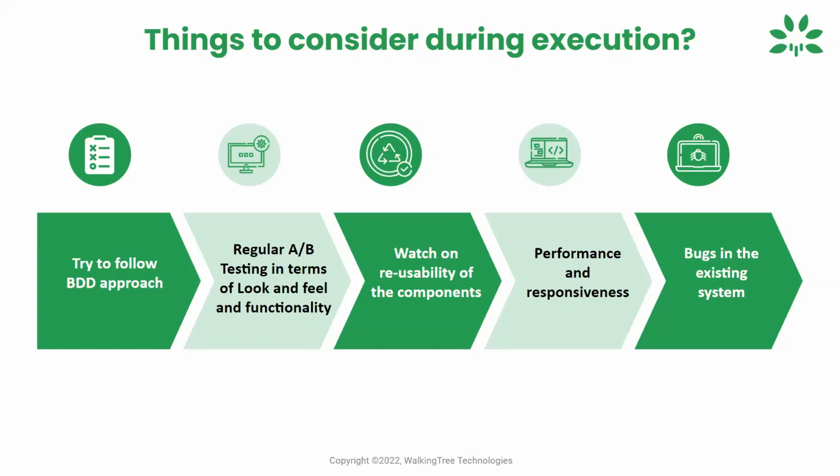The next step is regular A and B testing. As we discussed earlier, in the dev cycle we create the solution approaches for each and every functional block, and for each functional block delivery, we will create unit test cases around that. Once all the unit test cases and code coverage are achieved, we will give it to the testing team.